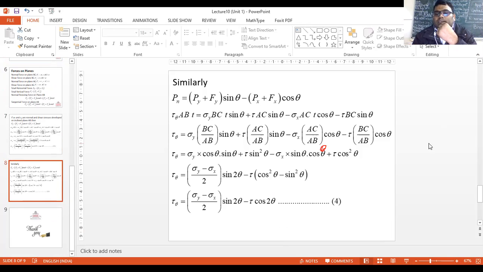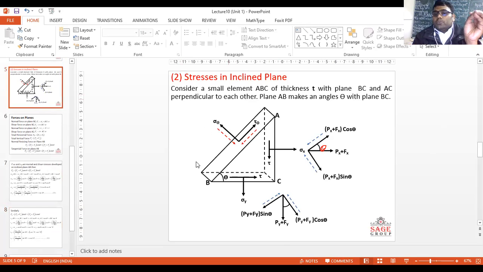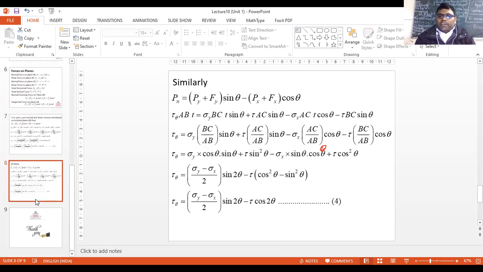Try to remember this process, how to resolve the forces and how it becomes Px plus Fx, and how it becomes Py plus Fy.